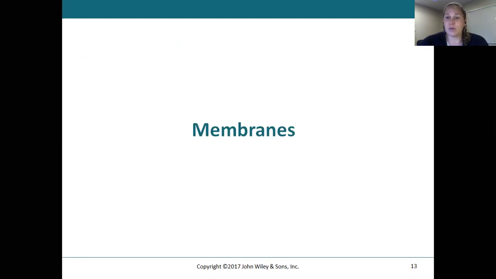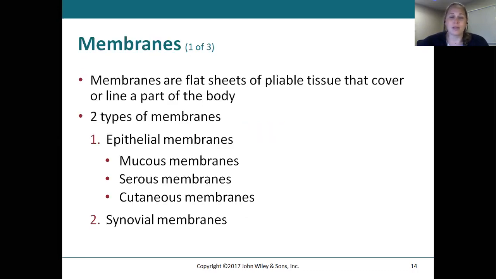So we're going to continue our discussion talking about membranes. So membranes, as they're defined here, are flat sheets of pliable tissue that cover or line a part of the body. So this is a lot of different areas. We obviously have a lot of different parts of the body that we need to cover. We talk about membranes. There are two different types. First, you can see that there is the epithelial membrane and the synovial membranes.